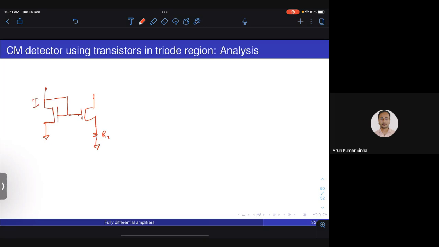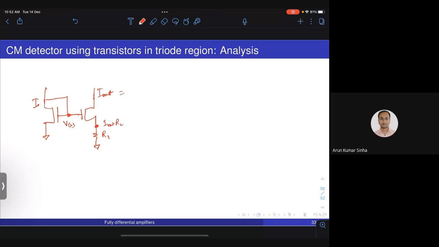Okay, suppose this current is I, then this will set up a voltage VGS in order to maintain that current I through this transistor. Assuming these two transistors are matched, this node potential will be I out times R2, if this is I out. So what will be I out?